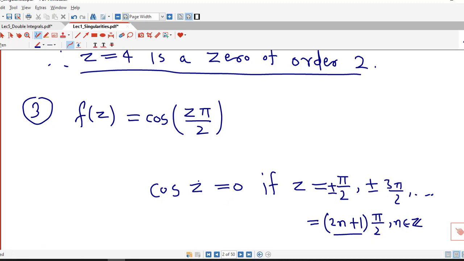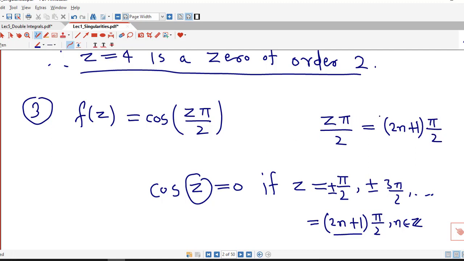So now instead of z we have z into pi by 2. So this is going to be 0 if we have z into pi by 2 equal to 2n plus 1 pi by 2.